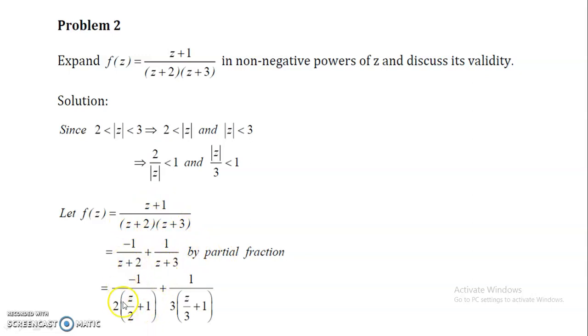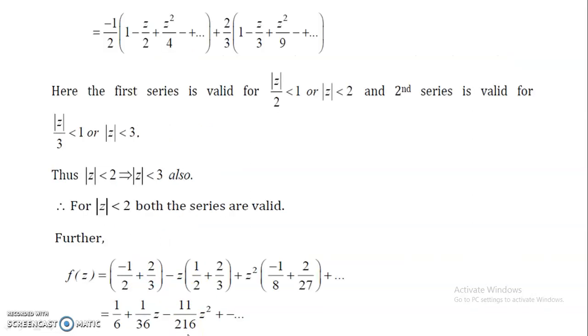And then we have here minus 1 by 2. If you take the 2 outside, then it becomes 1 plus z by 2. And here, since mod z is less than 2 and 3, it is less than 3, that is what I wanted to see. And then we have an expansion form of these two.